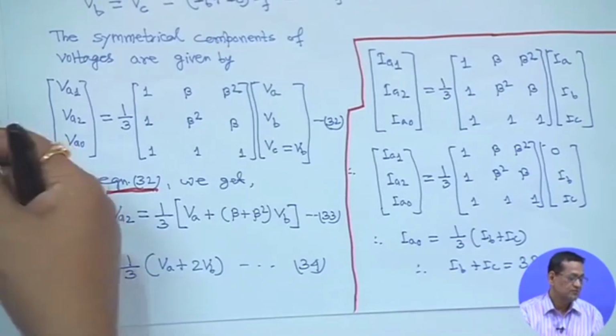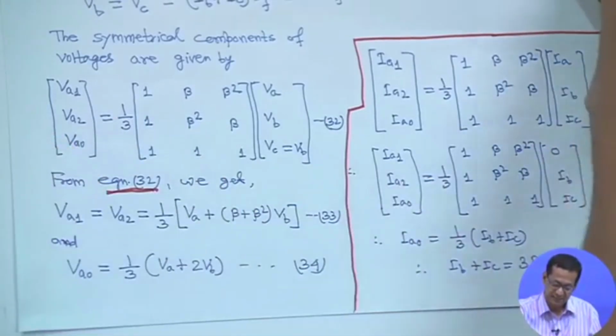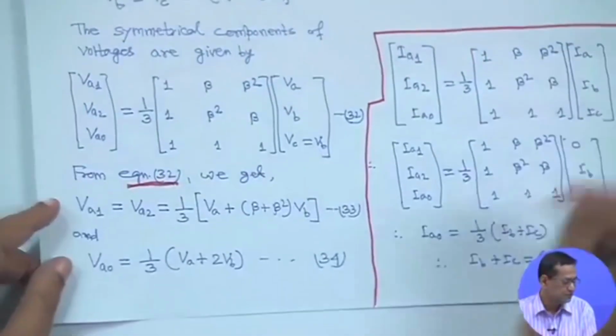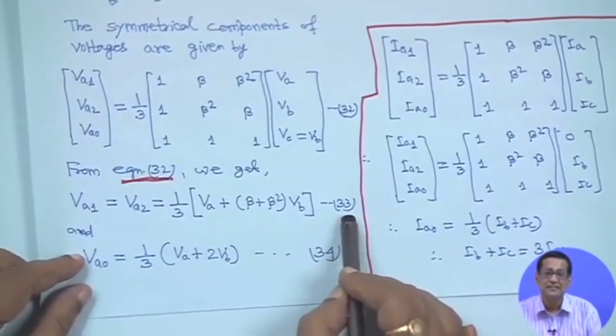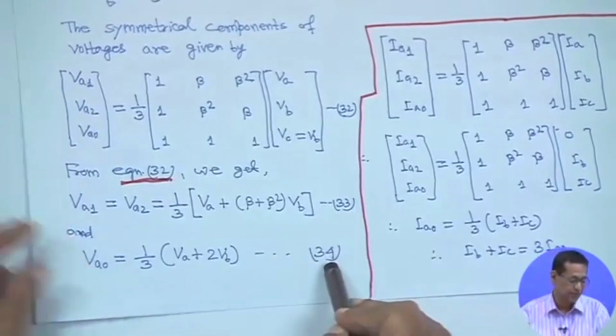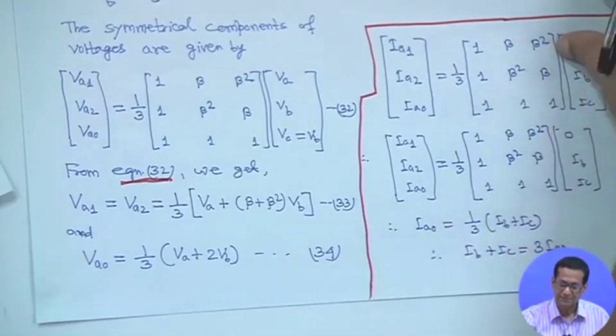Using equations 33 and 34, we subtract equation 33 from equation 34. We want V a 0 minus V a 1.